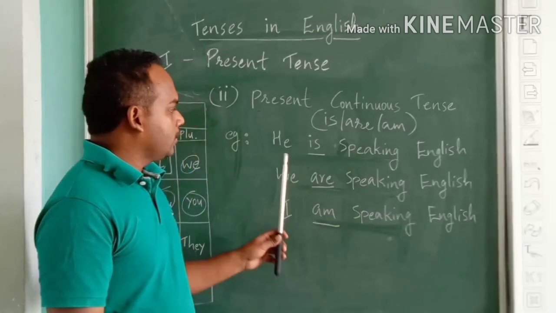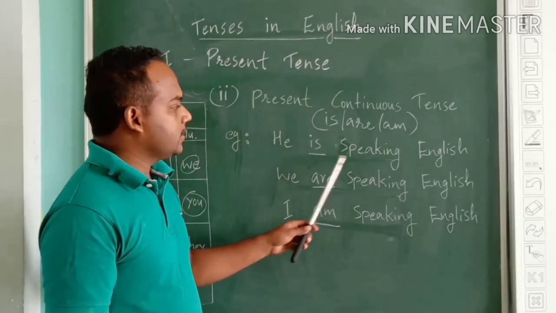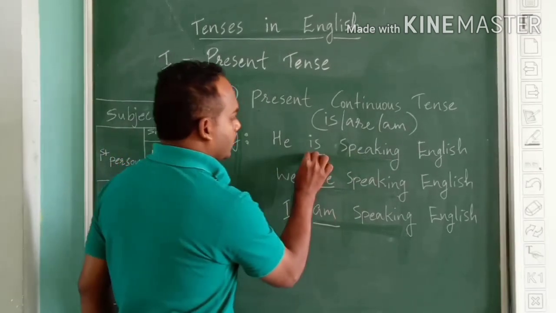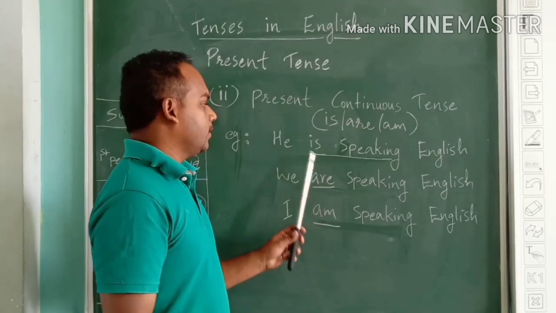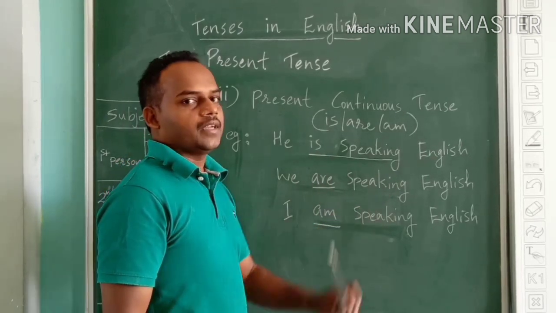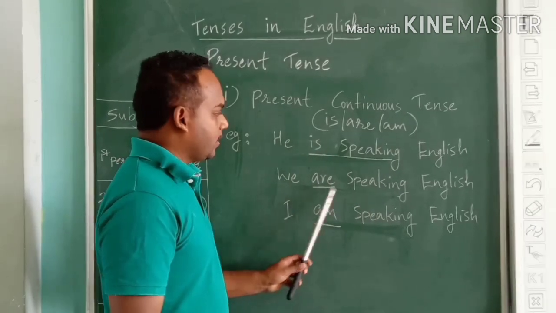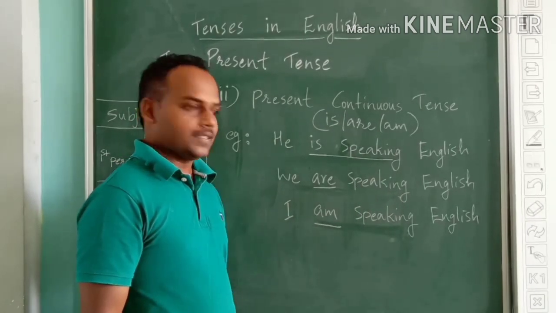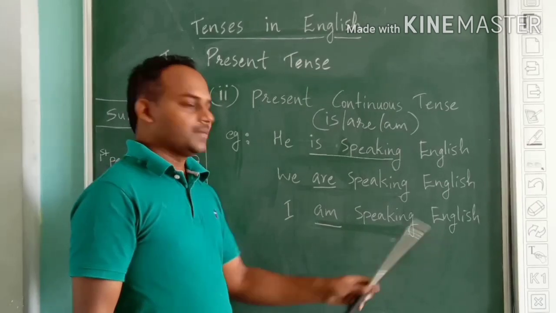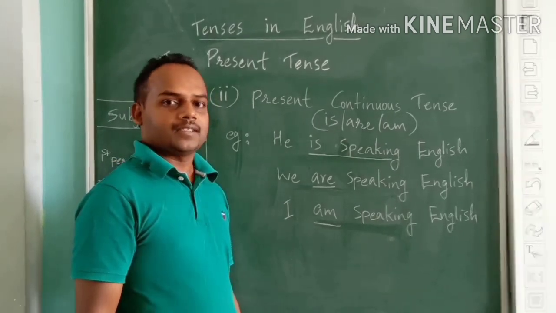Ready? Now let's check. He is speaking English. Can you make it negative? Very simple. He is not speaking English. We are speaking English. We are not speaking English. I am speaking English. I am not speaking English.